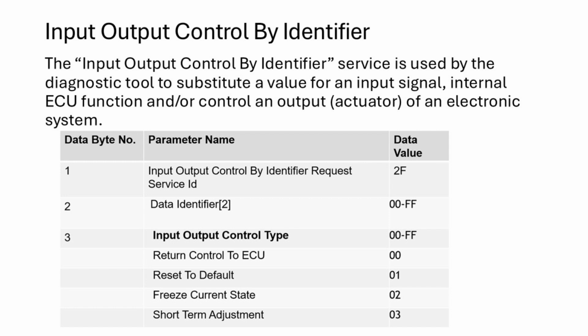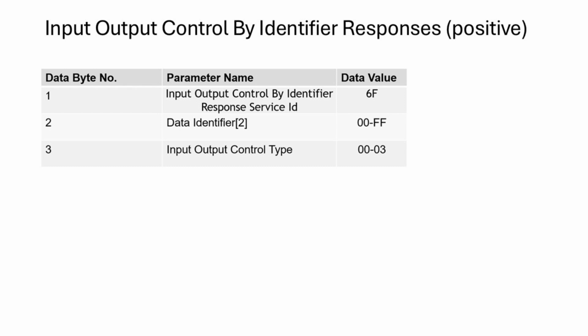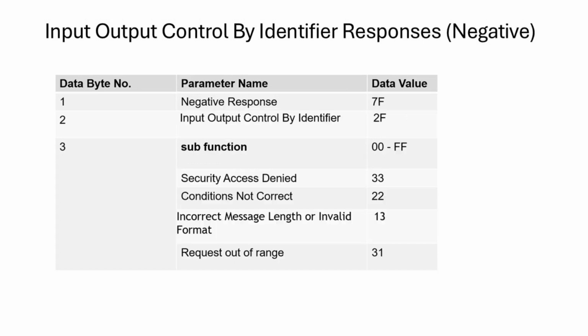So these are the subfunctions you can set. The positive response is 2F plus 40, which is 6F, and the DID data identifier and input output control. So these are the three services it supports.